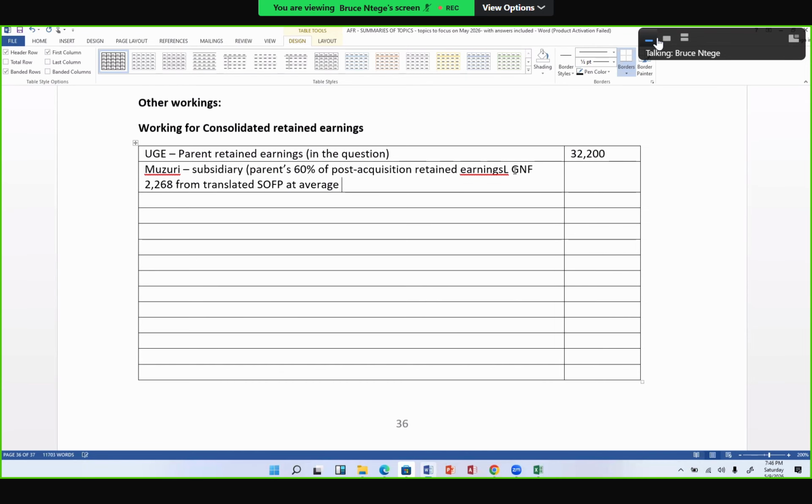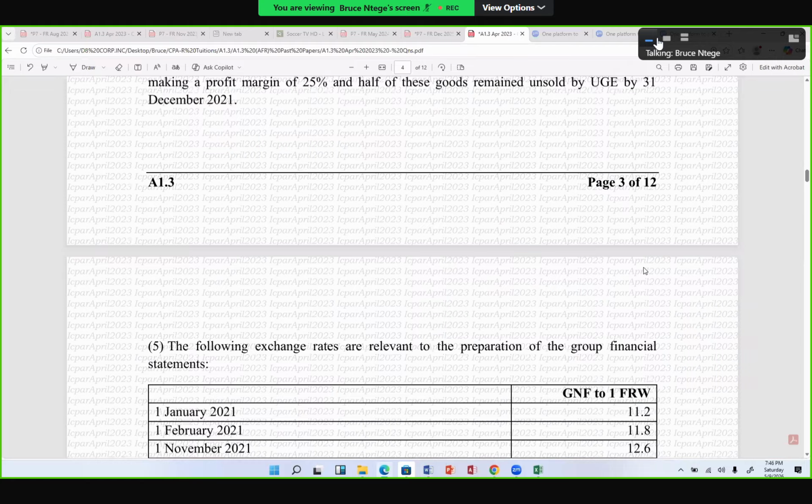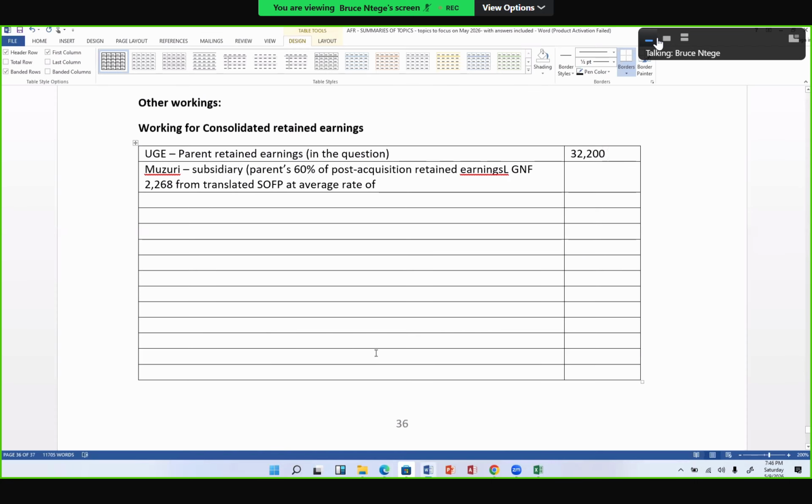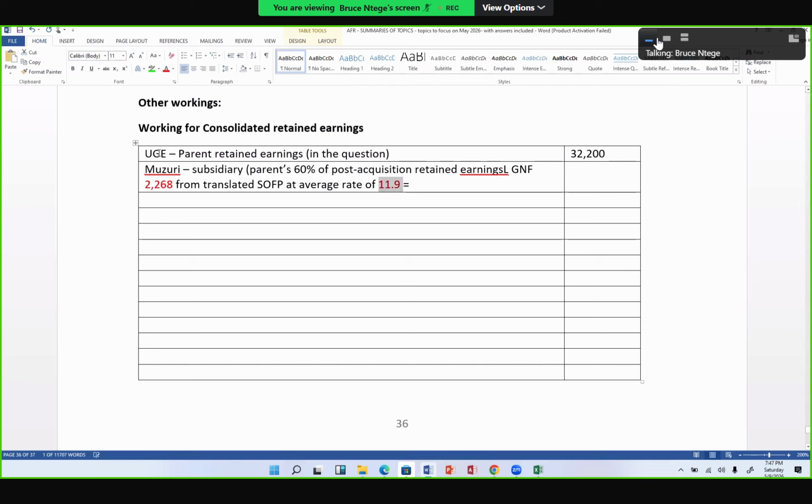Remember our average rate in note 5 was 11.9. So I'm going to divide by 11.9. The parent is taking its share, which will be 60% because the parent has 60% in Missouri.